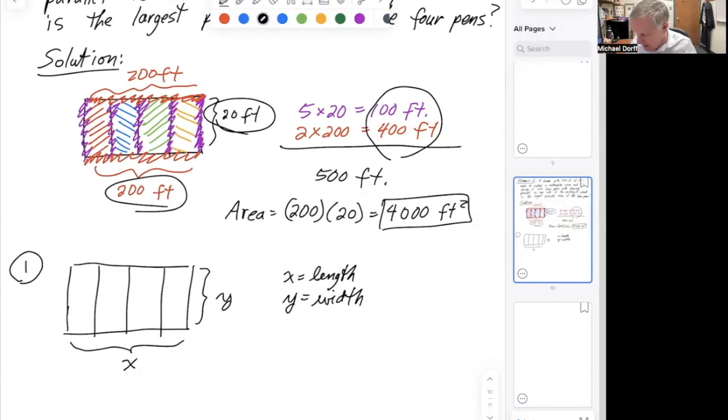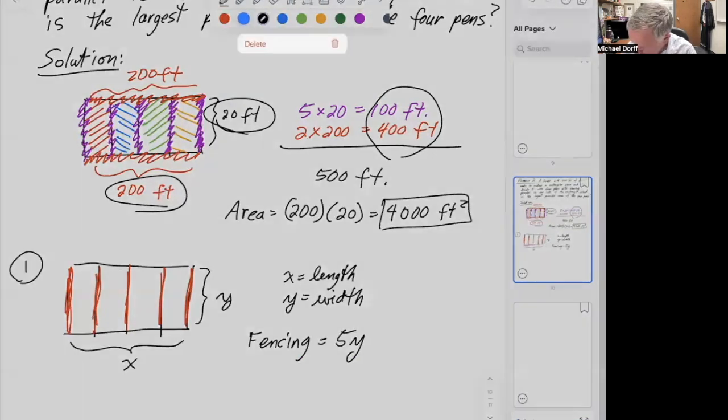So how is that represented in terms of my X and Y? Well, for the total amount of fencing, I've got 1Y, 2Ys, 3Ys, 4Ys, 5Ys. So the amount of fencing there is going to equal 5Y.